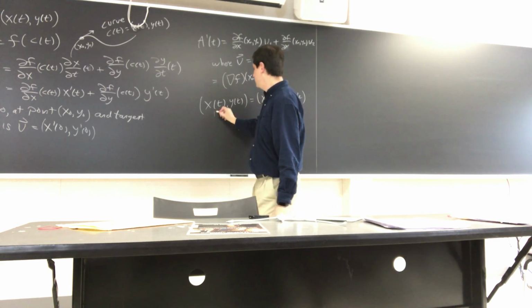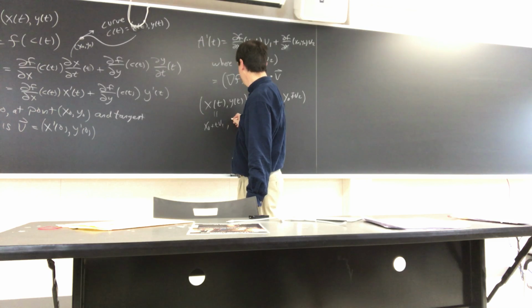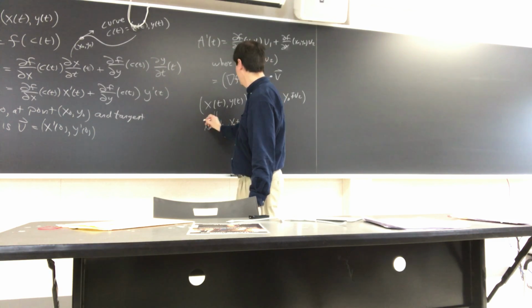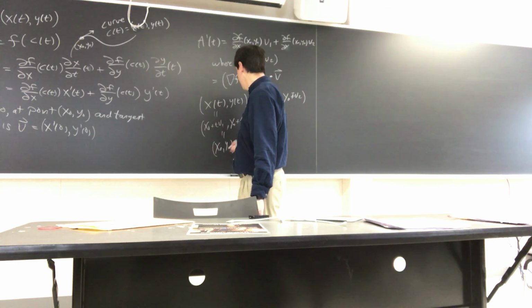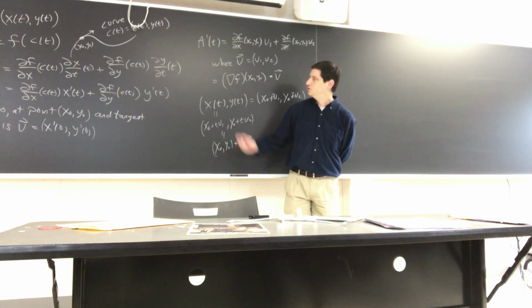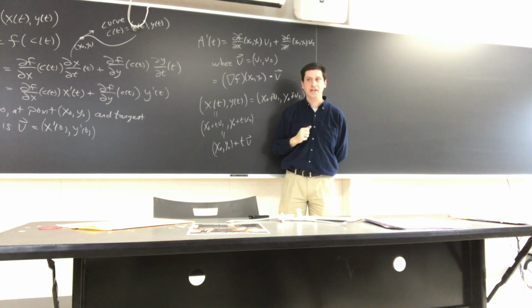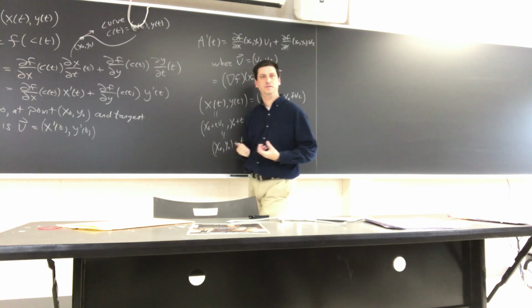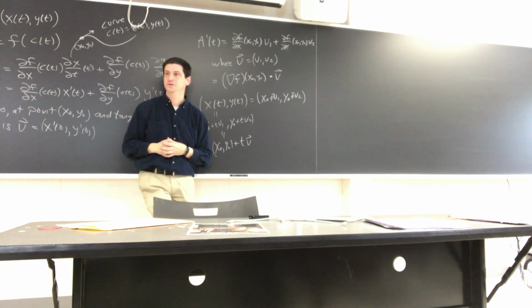So this is just x naught plus t v1. This is y naught plus t v2, or this is the point x naught, y naught plus tv. And so now when we're trying to calculate the derivative, you can see that this is really the same as the definition of the directional derivative. It's just computationally, this is a much better formula to use.